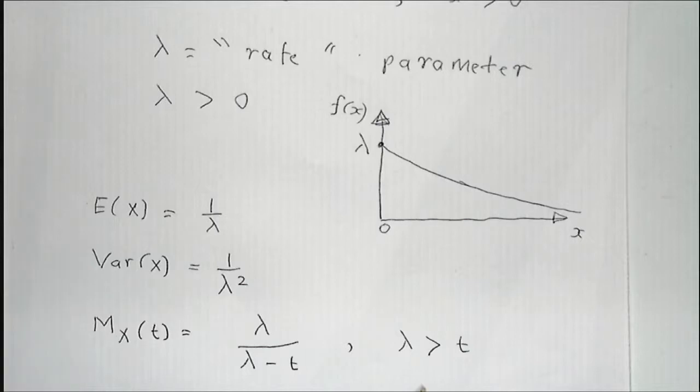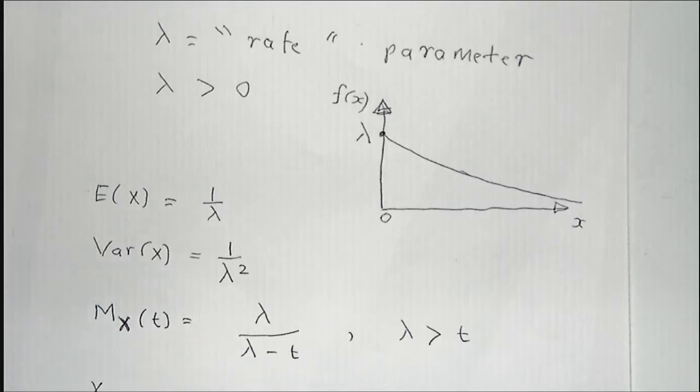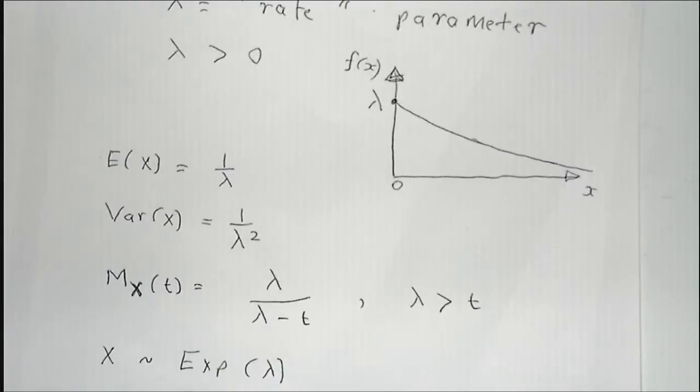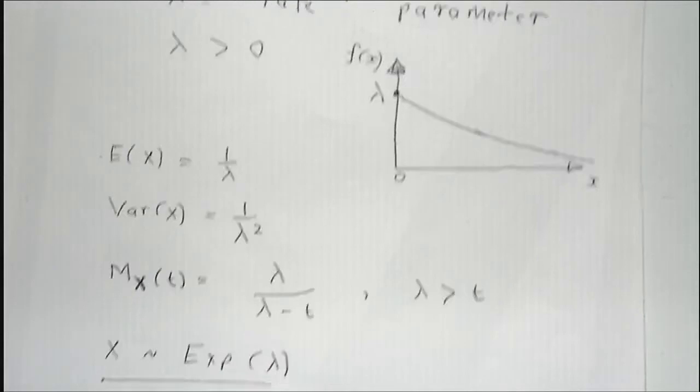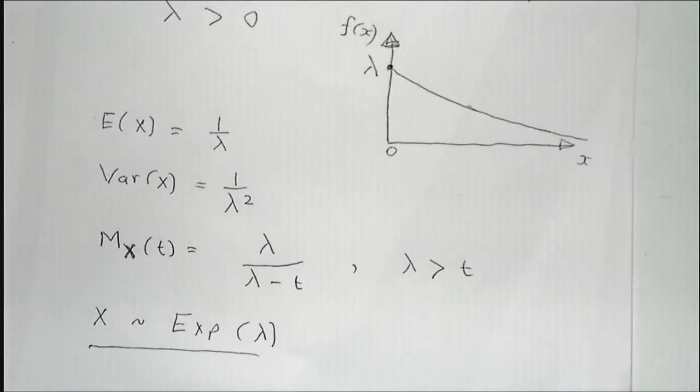The MGF will exist only if lambda is greater than t, right? And this is the notation I shall use to denote an exponential random variable, right? So exp in brackets, lambda is the parameter, okay? Right. So that's exponential.